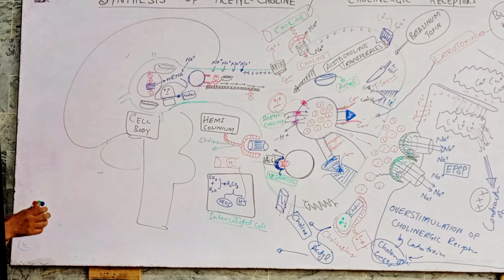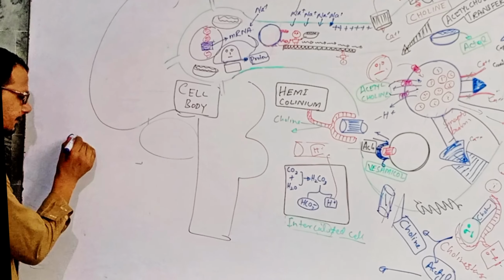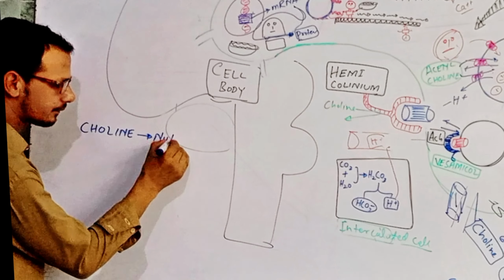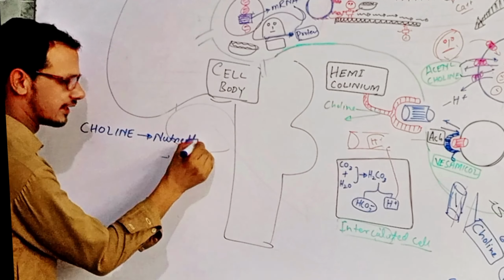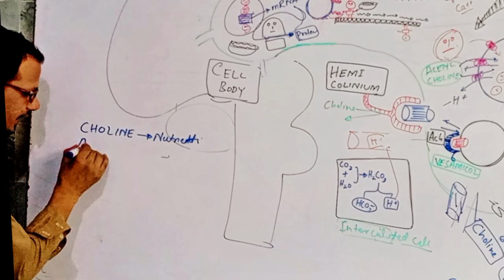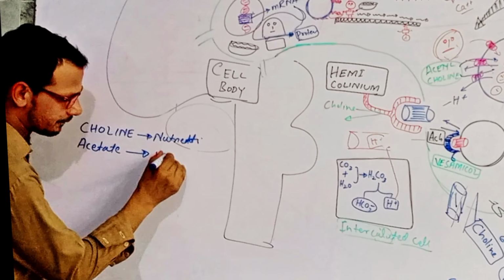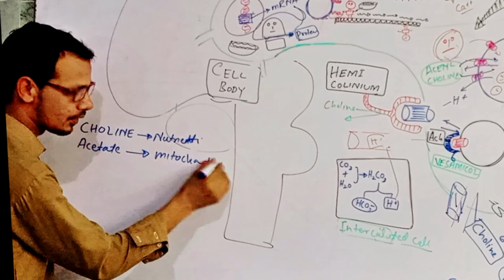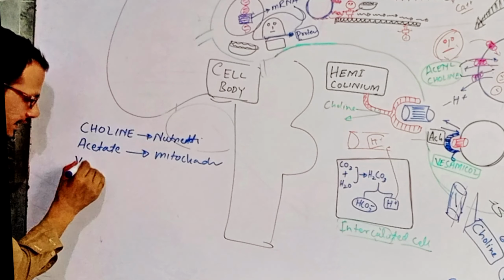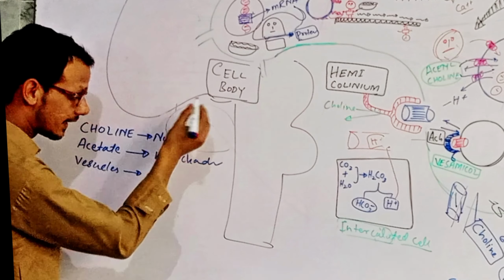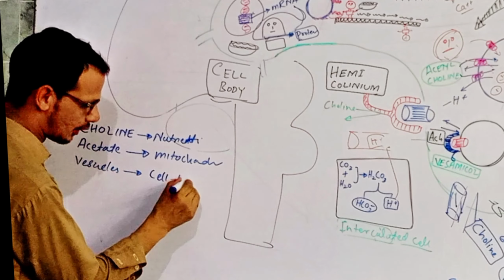For acetylcholine synthesis, first of all we need choline, and this choline is coming from nutrition. We need acetate, which is coming from mitochondria. We need vesicles, which are coming from ribosomes or the cell body.